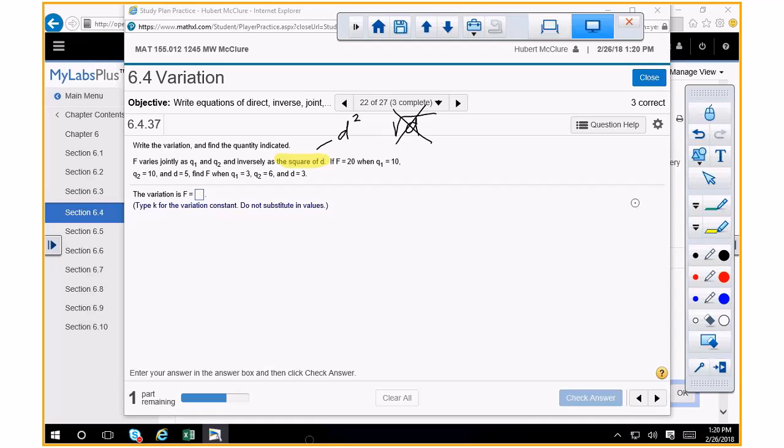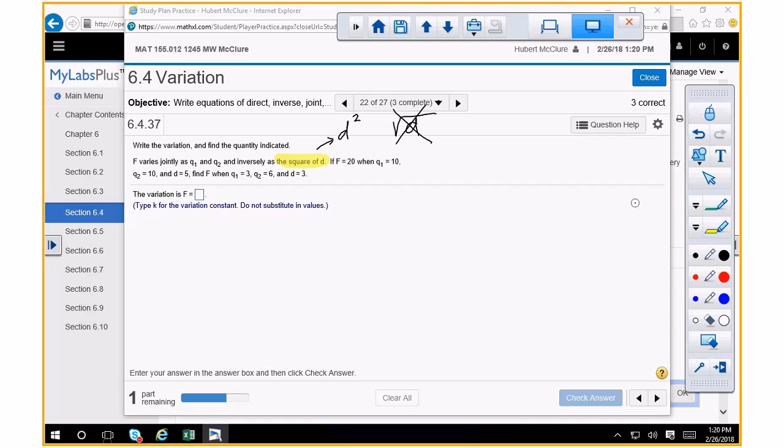Think of it as D squared. So you need to highlight that and put D squared. That's the first thing you need to do, and you need to remember it, because this is going to be on the test. D squared is on the test, because most of your questions are going to have something integrating that D squared.